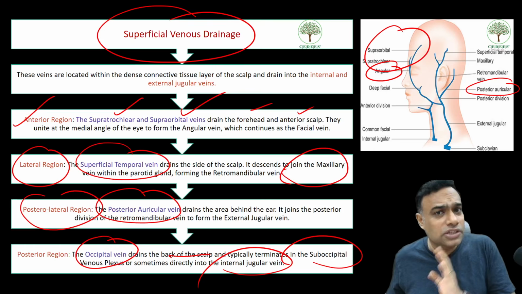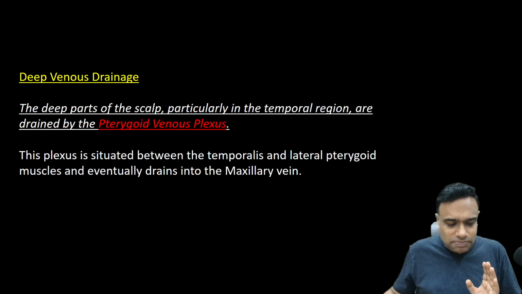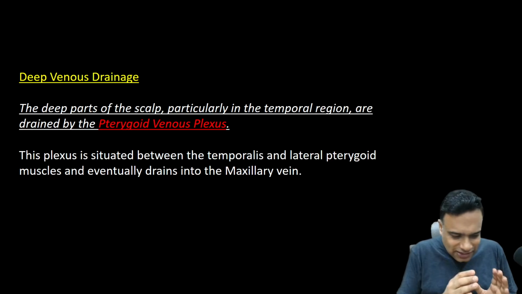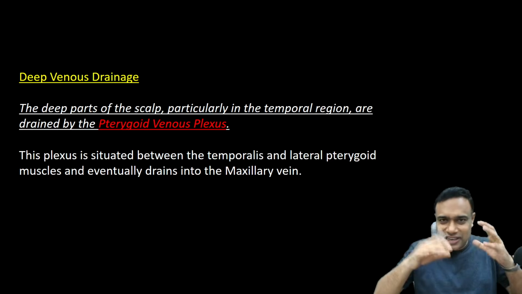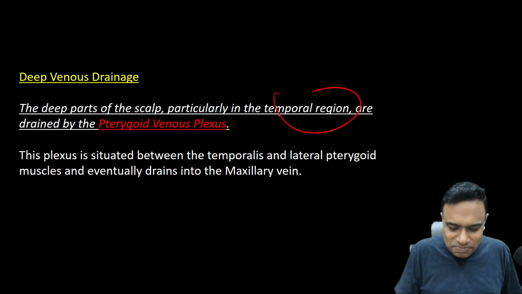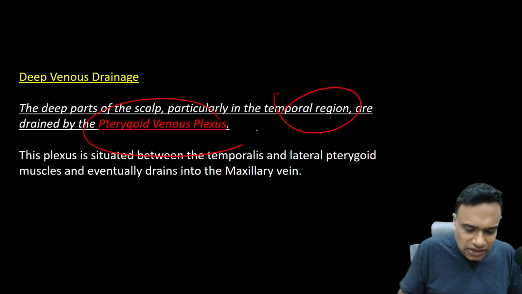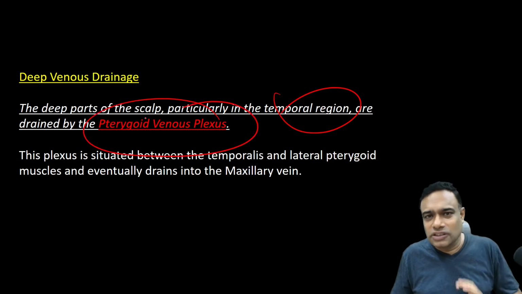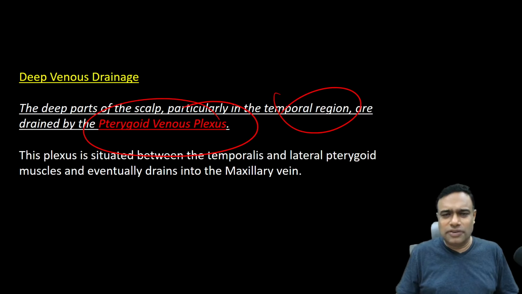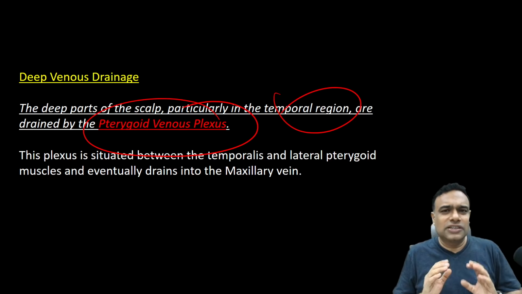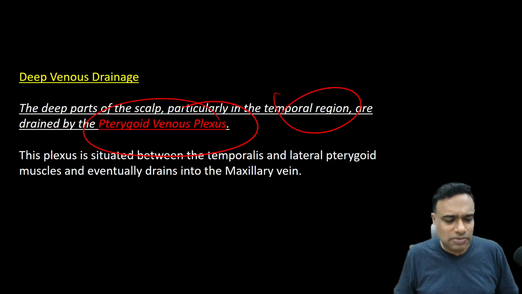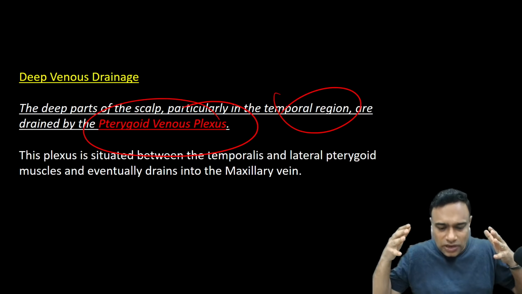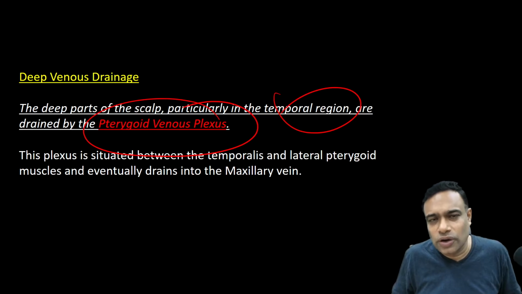Now we're going into the deep. When you go into the deep, you have the first line here. The deep parts of the scalp, particularly in the temporal region, are drained into what is called your pterygoid venous plexus. Now we know that very well, right? When we learned about the cavernous sinus, we discussed your pterygoid venous plexus.